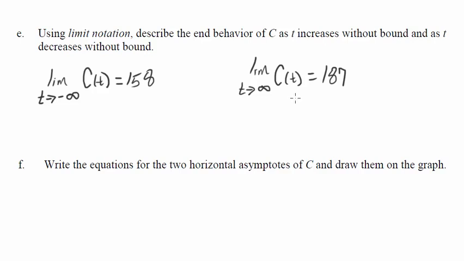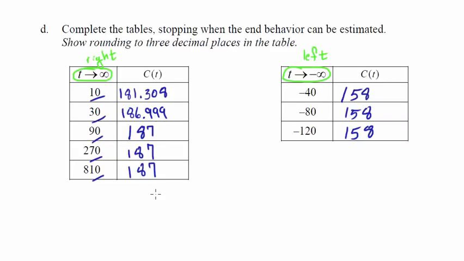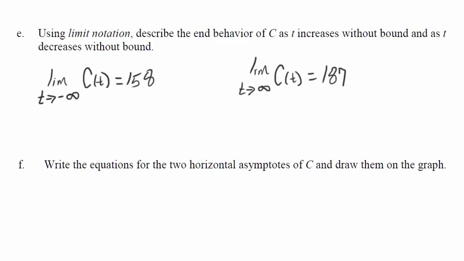Now if these numbers kept getting larger and larger, that would be positive infinity, or if they kept getting smaller and smaller, that would be negative infinity. We don't have an example like this in the note-taking guide, but you will absolutely see one in the WebAssign homework. Alright, so we want to write the equations of the two horizontal asymptotes.